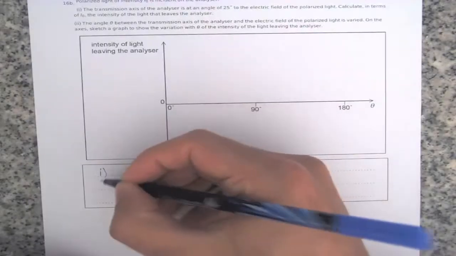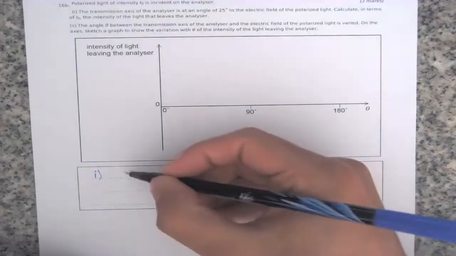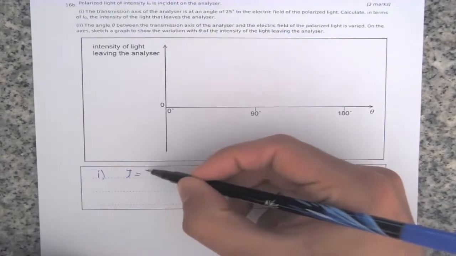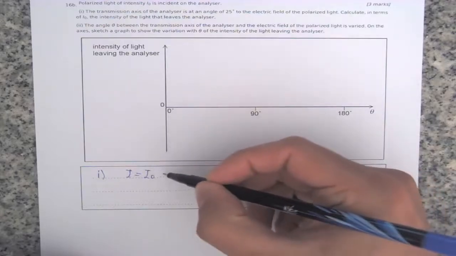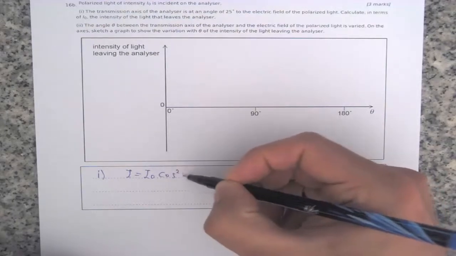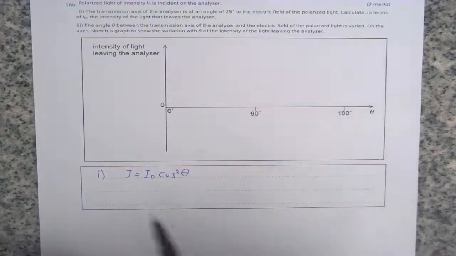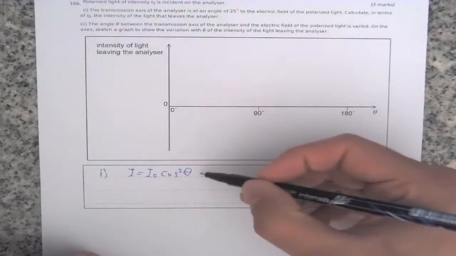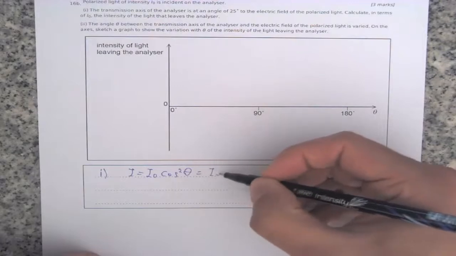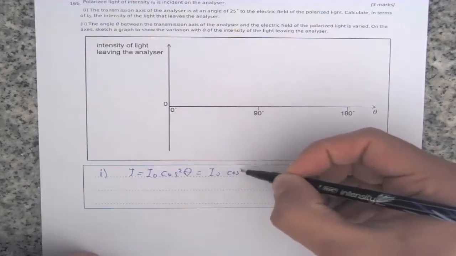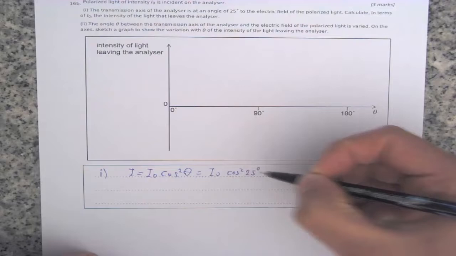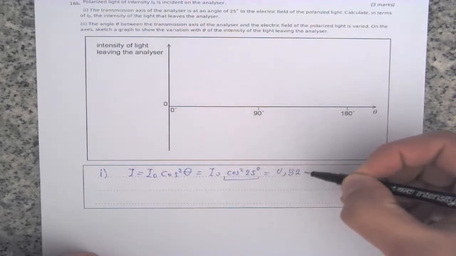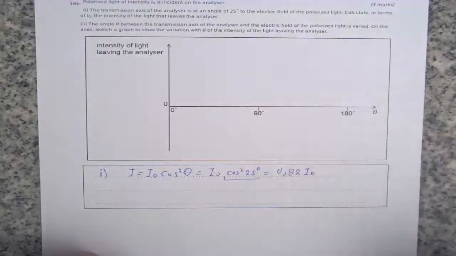So for number 1, your new intensity is, from Malus's law, I0 cos squared theta. We want to express this in terms of I0, so I0 cos squared of 25 degrees. If you do this calculation, it will give you 0.82 I0. And this is your new intensity.